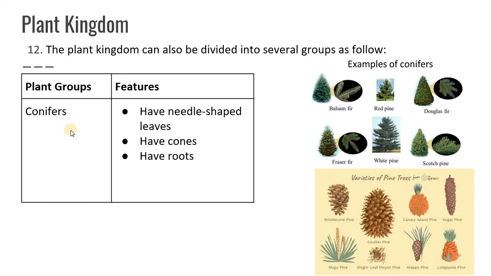So conifers are an example of a non-flowering plant. Conifers have the following features. They have needle-shaped leaves, and they have cones, they have roots. So these are a few examples of conifers. Here we have the red pine, the white pine, the Scotch pine, and the sugar pine.